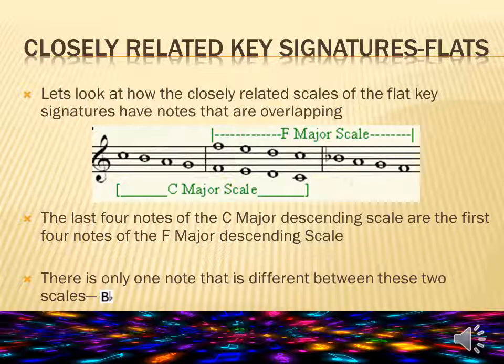The last four notes of the C major descending scale are the first four notes of the F major descending scale. There is only one note that is different between these two scales, and that's B flat.